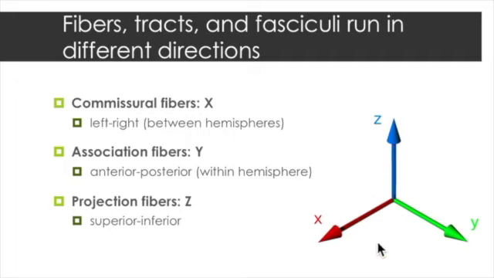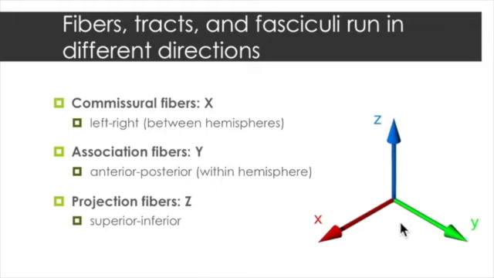Neuroscientists, specifically researchers and clinicians that use neuroimaging, have come up with a convention for color coding these different fibers. In general, fibers that run left to right, which are commissural fibers, tend to be labeled red in different brain imaging scans, which I'll talk much more about in the next lecture.